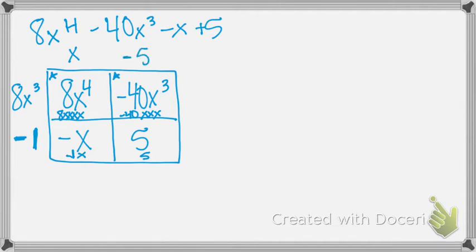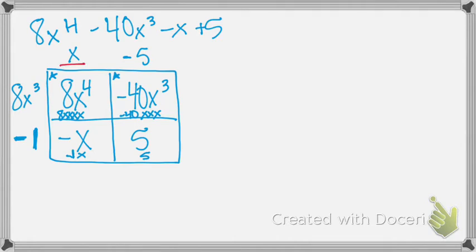Negative. Here's how you can check yourself. Does 8x cubed and an x equal 8x4? Yes. Does an 8x cubed and a negative 5 equal negative 40x cubed? Yes.